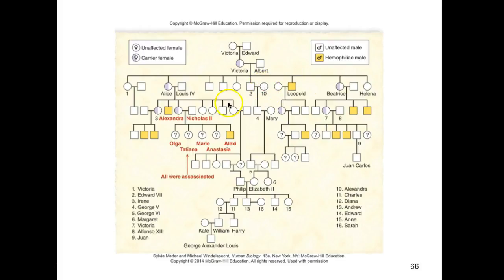You can see all the carriers being passed through. The hemophiliac males are all going through the pedigree here, but you also see carrier females coming through. You can look at their pedigree and study the passing of that trait as it went through the lineage of the royal families.